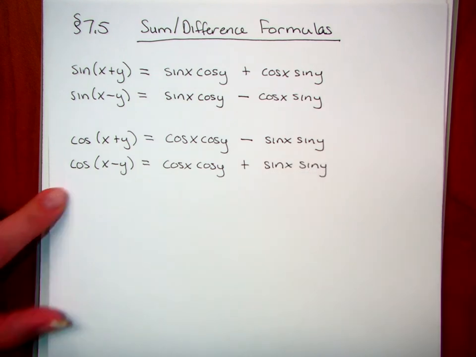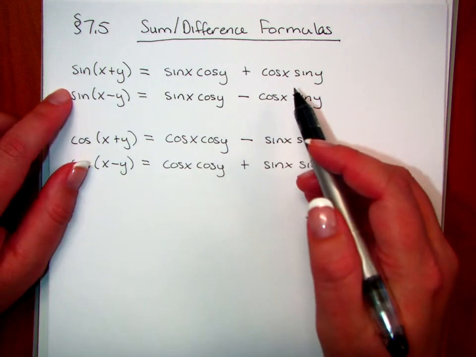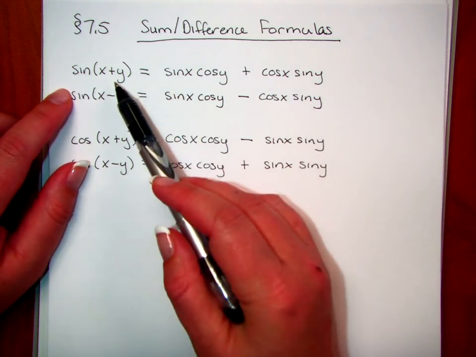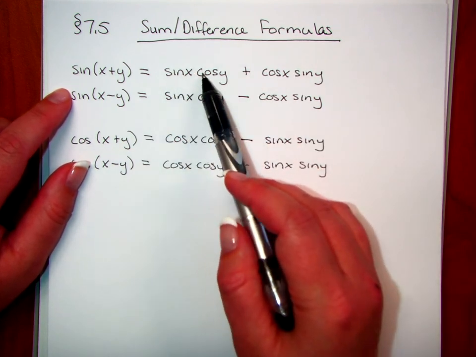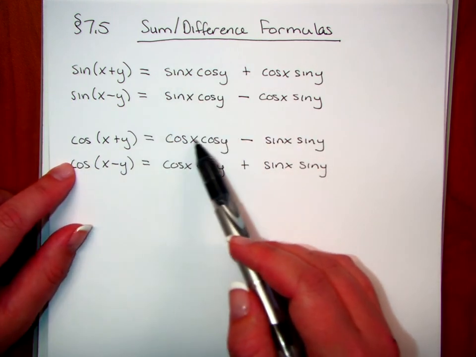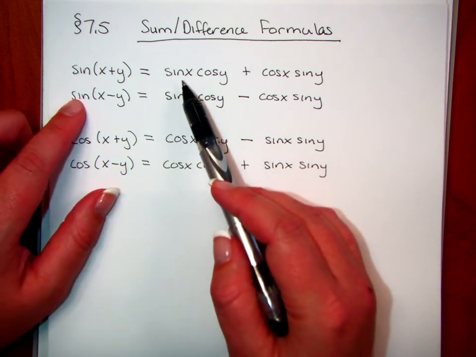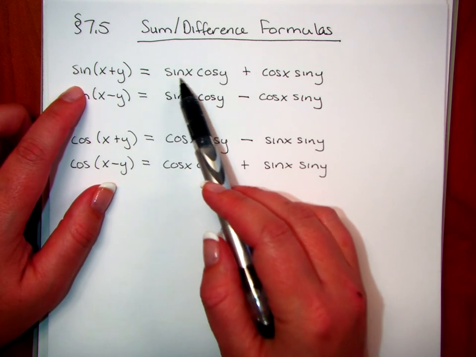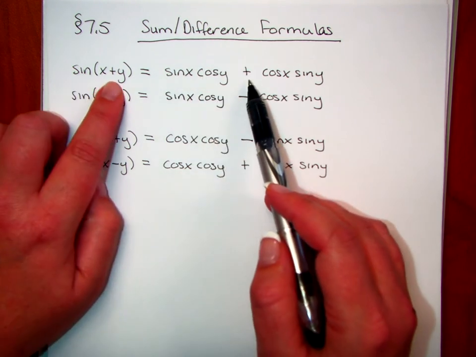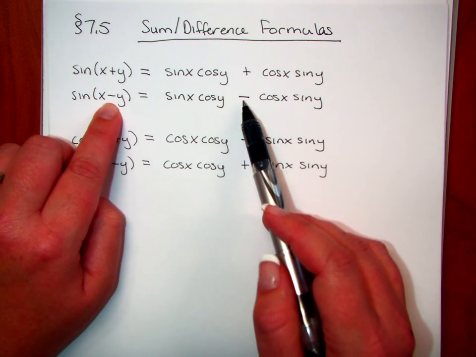So just comparing these, I like to have some devices to help me remember. The difference here is sine mixes sine and cosine together in a term. Cosine keeps the same functions in a term, right? Now sine, while the terms are mixed together in the same term, the sign of a sum is a sum, and the sign of a difference is a difference.